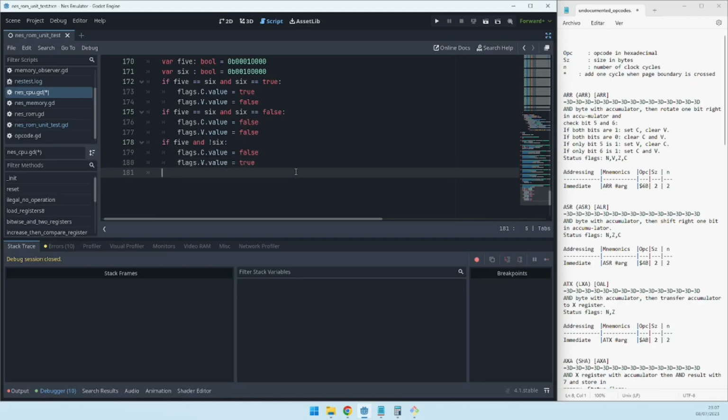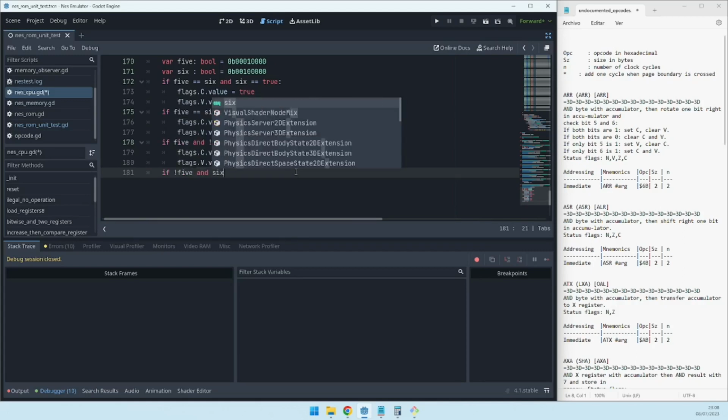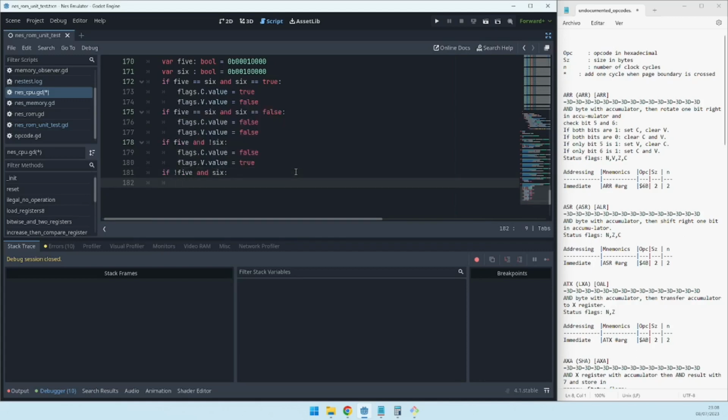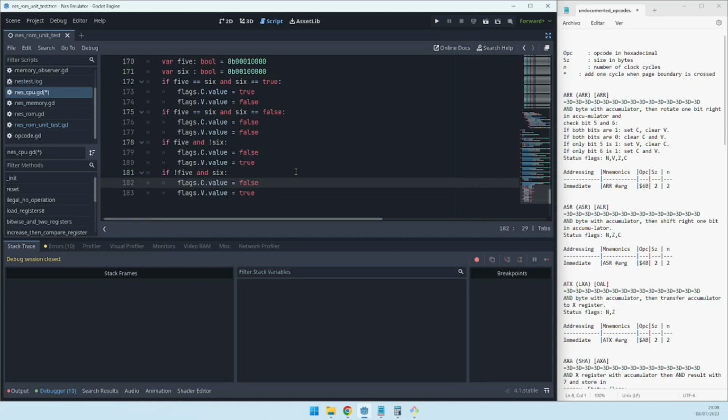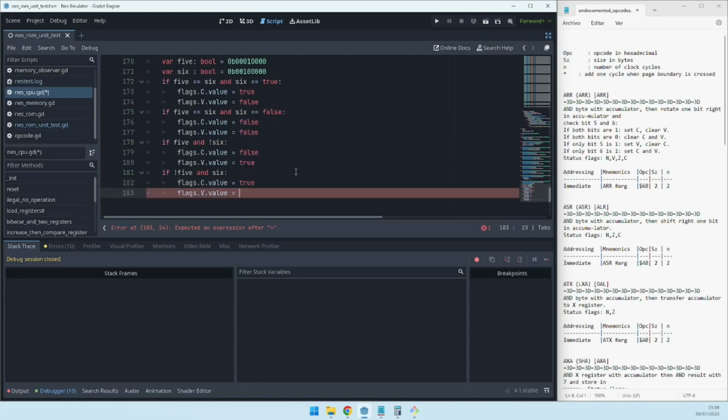And then if not 5 and 6, set C and set B. Oh, set both.